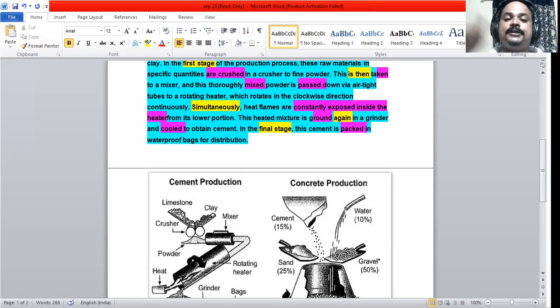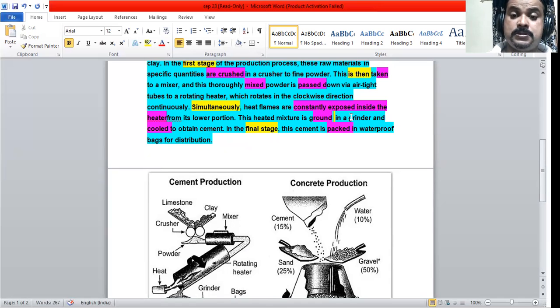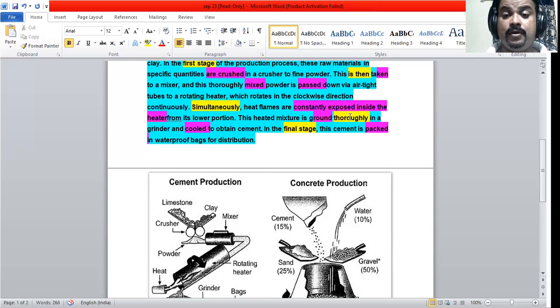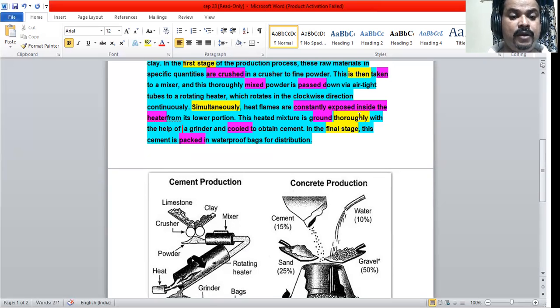This heated mixture is ground again thoroughly with the help of a grinder and cooled to obtain cement.